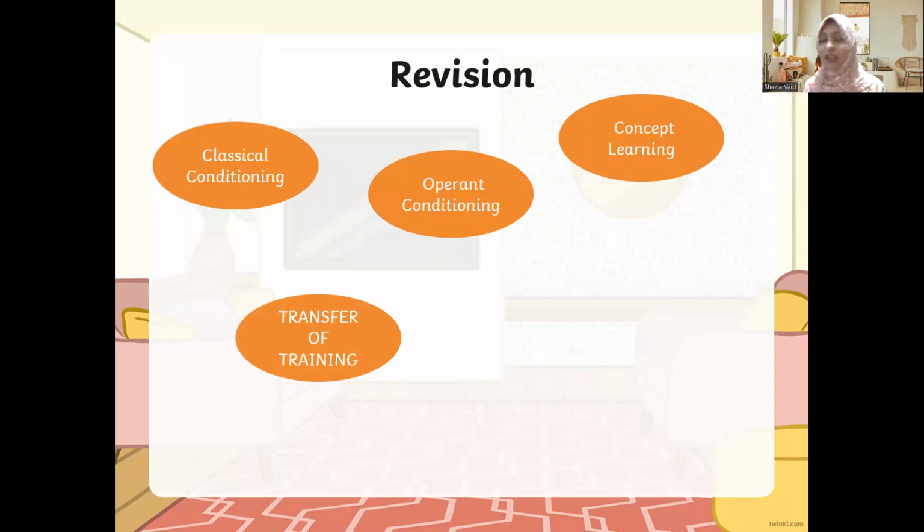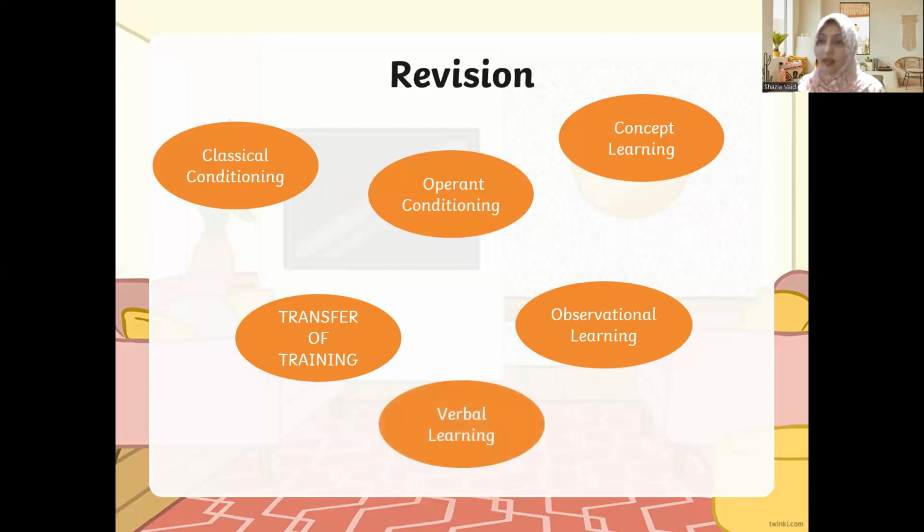When you apply whatever you have learned in a new situation, it is called transfer of training. And the last one, observational learning, is when you observe and learn things. Last but not least, verbal learning. What was verbal learning? Verbal learning is usually used to learn languages. When you listen to someone and you learn language, that is called verbal learning.